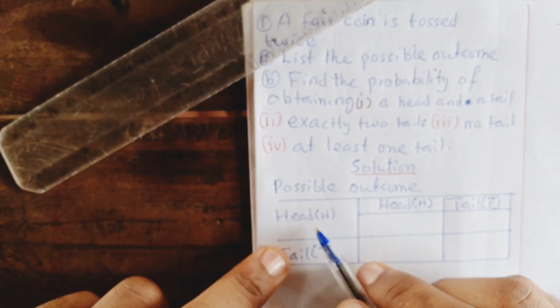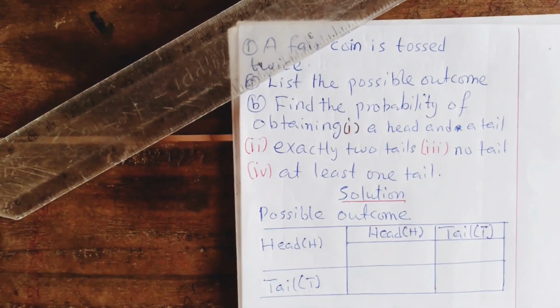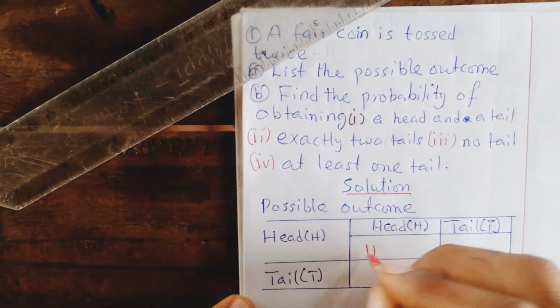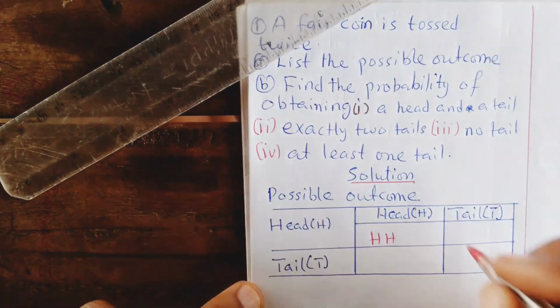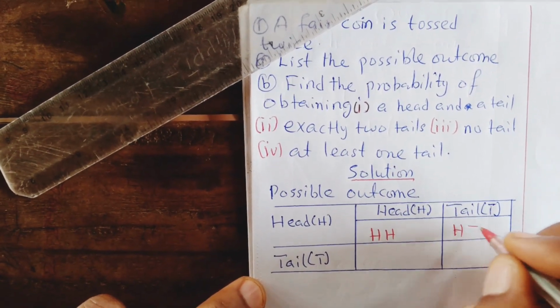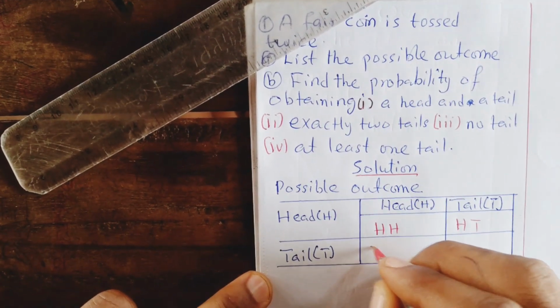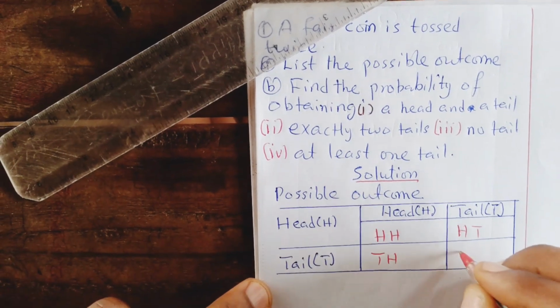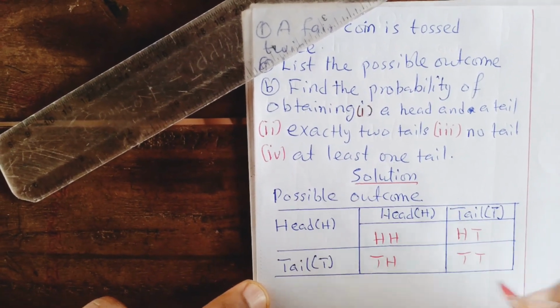If you toss it twice, you can get head, head, or head, tail, or tail, head, or tail, tail.